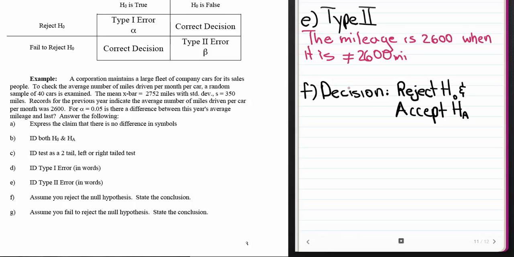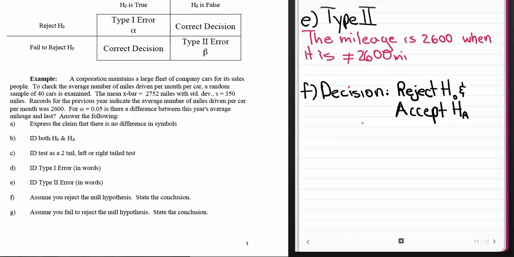Now our decision here is that we have decided that we're going to reject the null and accept the alternative. So the decision is: at the 5% significance level, there is sufficient evidence, or there is enough evidence, to support the claim that the mileage is different from previous year's mileage of 2,600.